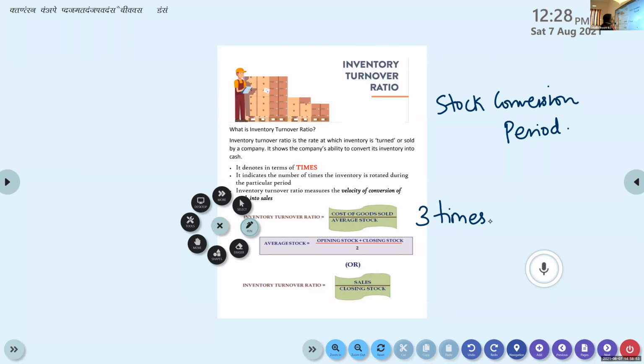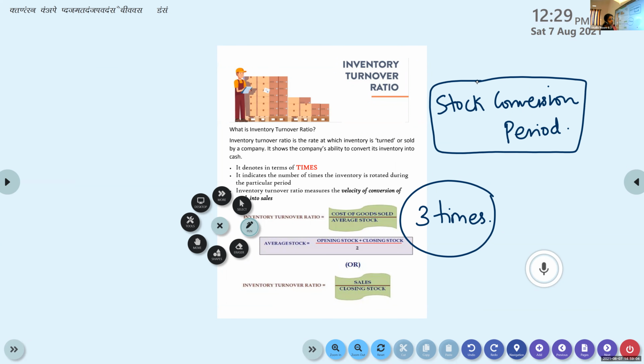Now coming to stock conversion period. This is in the form of the ratio. Stock conversion period means we are going to find out how many periods, whether it is days, months, or weeks, it will take to convert this stock into sales.